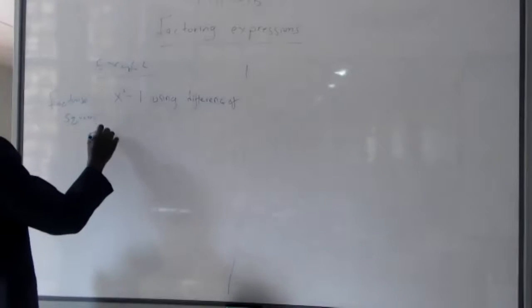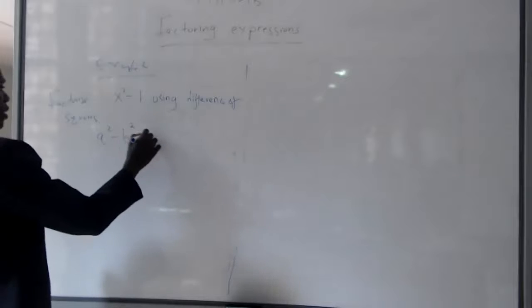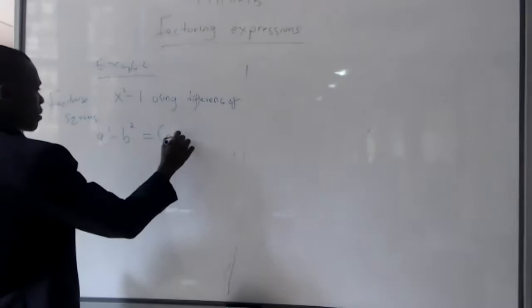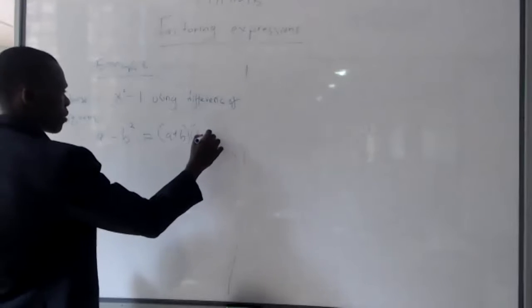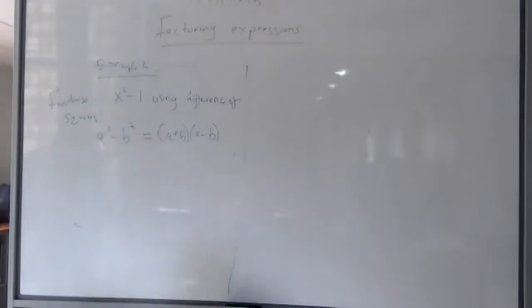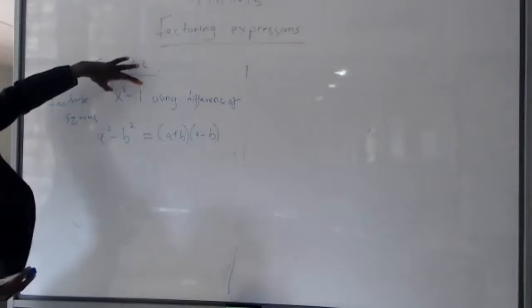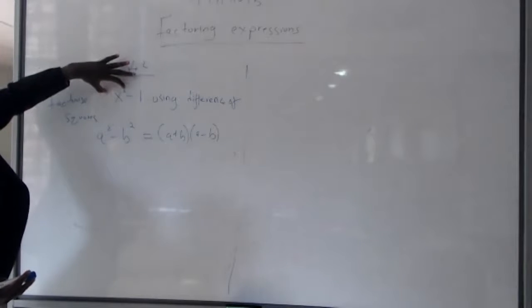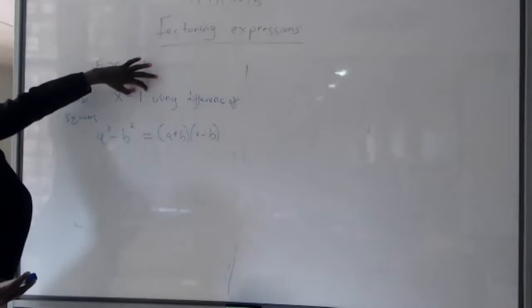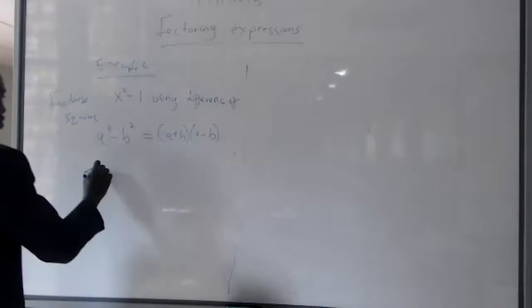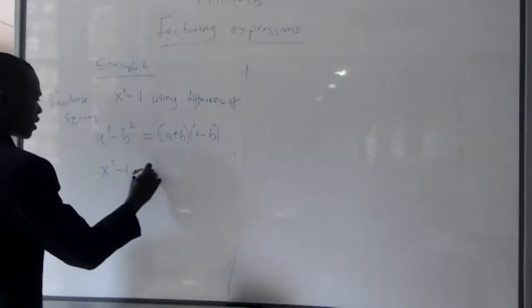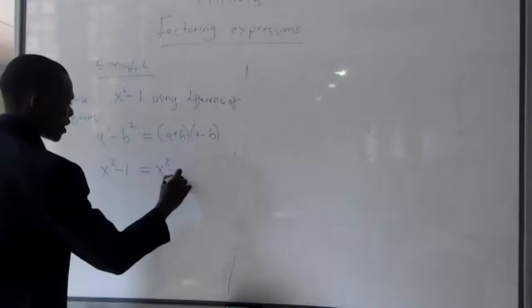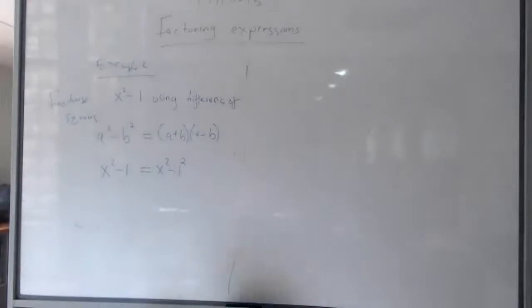What does the difference of squares say? That if you have any number a squared minus b squared, this can be factored as a plus b times a minus b. Okay? So the first step, write this expression as a difference of two squares. Make sure the first part is a square and the second part is also a square. So x squared minus 1 is the same as x squared minus 1 squared. 1 squared is 1.